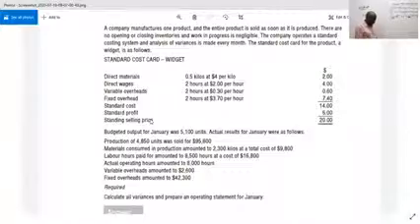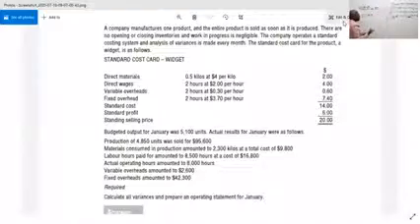Variable overheads, 2 hours at $0.3 per hour, giving us 0.6.